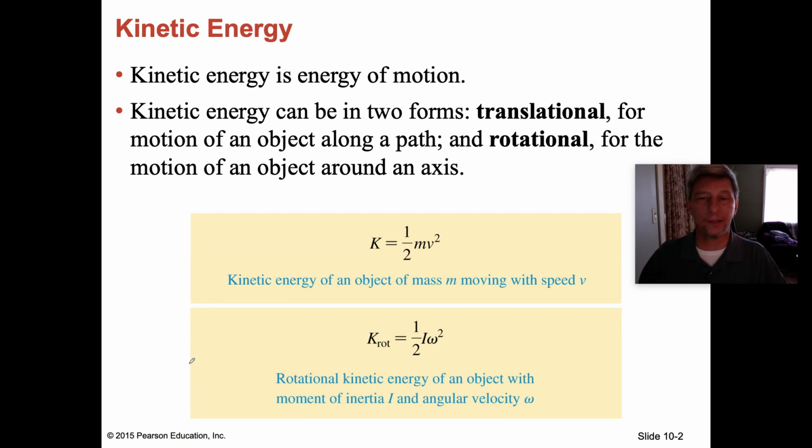If you look at the formula in the top box there, K equals 1/2 mv squared. So it's the kinetic energy of an object of mass m moving with a speed v. The other thing that I do want you to realize is that if you look carefully, the formula for linear momentum is right here in the formula, m times v.